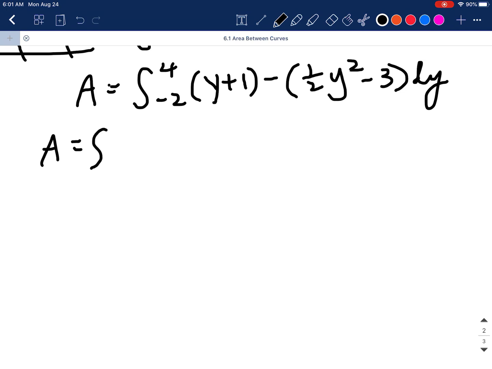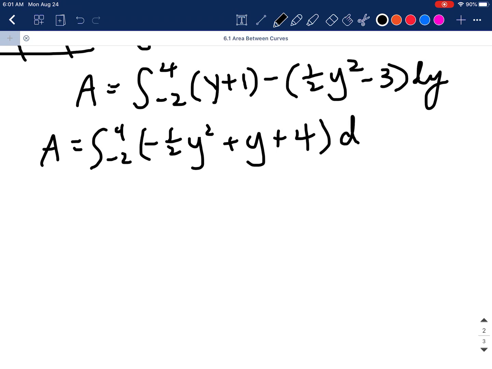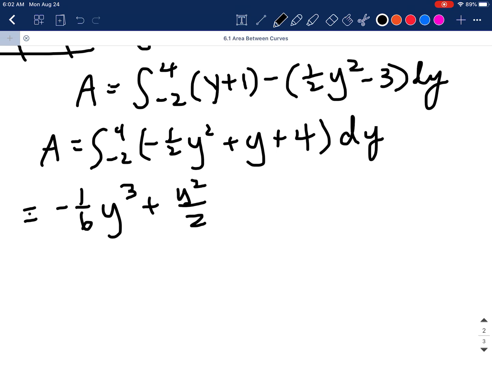And that's going to simplify to -1/2 y squared plus y plus 4. And now we just need to evaluate at 4 and at -2. So we're going to get -1/6 y cubed plus y squared over 2 plus 4y from -2 to 4.